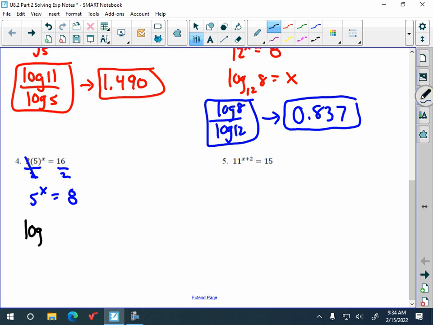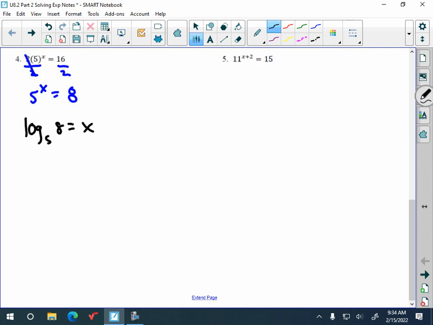So log base 5 of 8 equals x. Change of base, log 8 over log 5. And we'll give the decimal: 1.292.